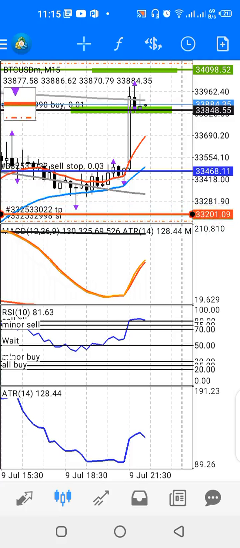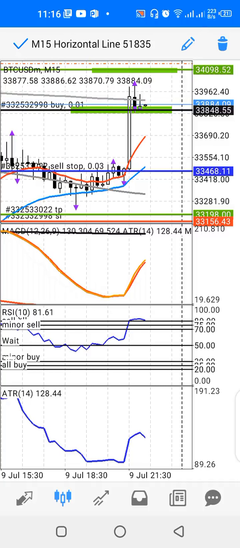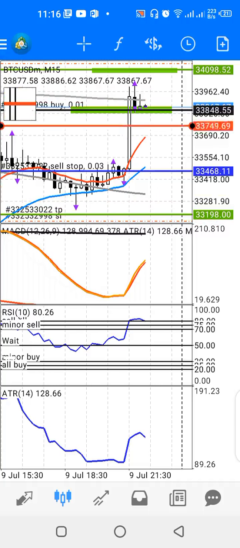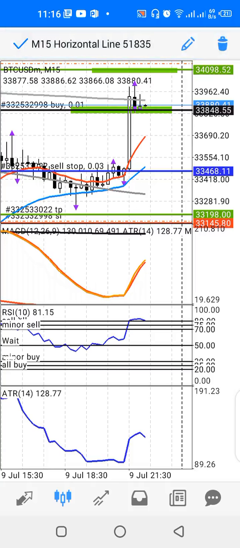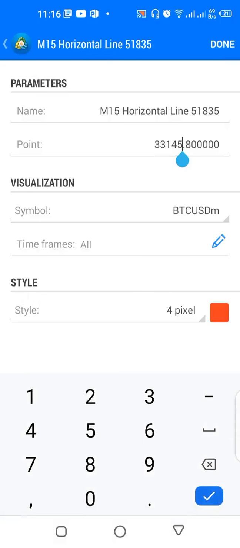Your edge trade's take profit is around 33198, so subtract 40 points and you have 33158. This stop loss is for this black line, which is your first trade entry. So it'll be 33158. Just highlight it and change the 158.